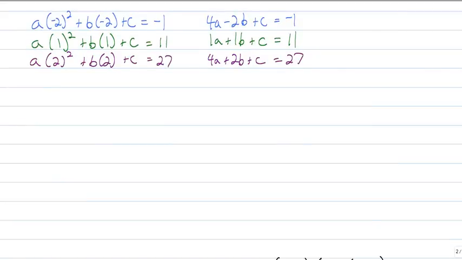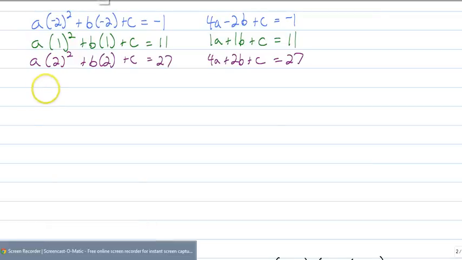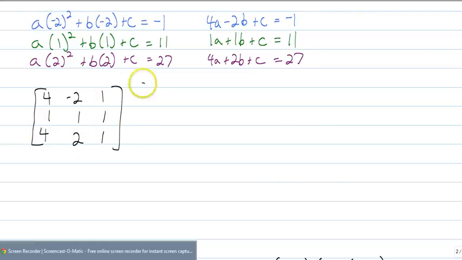Okay? So, I'm going to rewrite my equation as a matrix. My coefficient matrix first. So for my coefficient matrix, I'm going to make the matrix of all the numbers in front of a, b, and c. So 4, negative 2, 1, 1, 1, 1, and 4, 2, 1. This is being multiplied by a, b, and c.